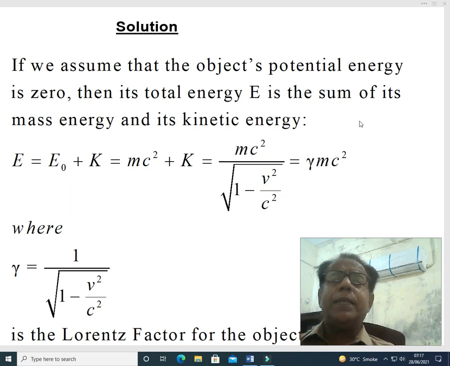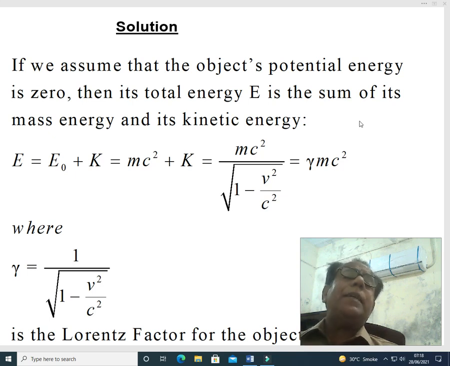Different books have adopted a slightly different strategy or mode of conveying. It does not make any major difference. Here E is the total energy, while E naught is mass energy or rest mass energy, and K is kinetic energy.